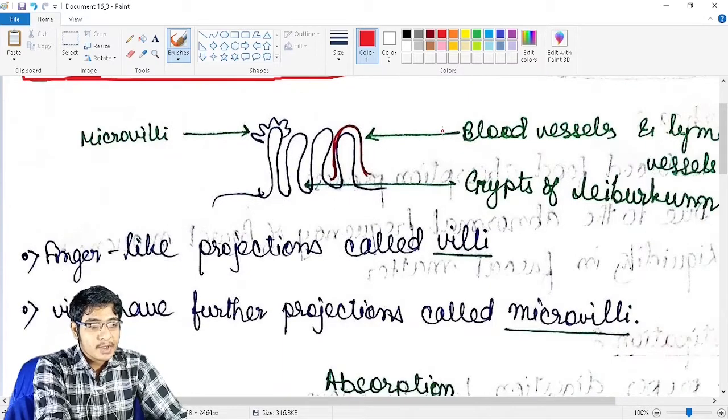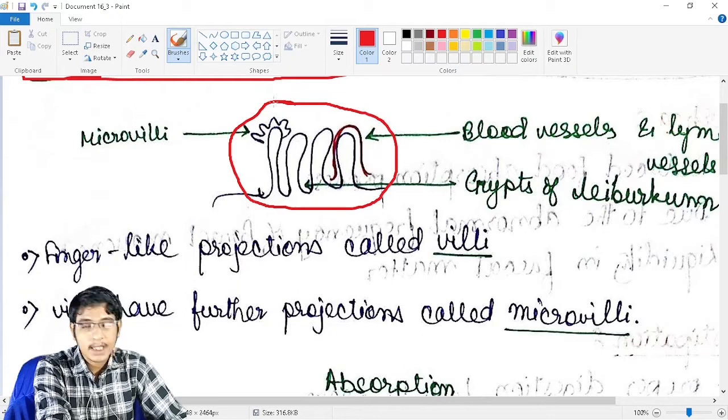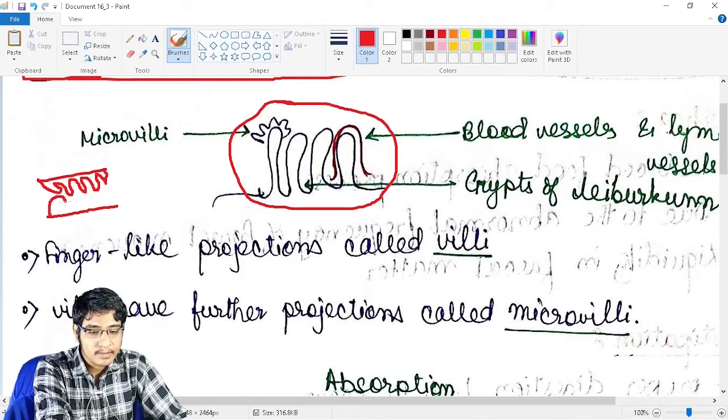Okay, so what you are seeing here is the inner structure of our small intestine. Let's assume this is our small intestine.